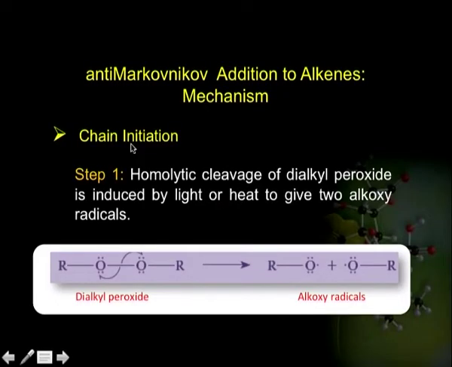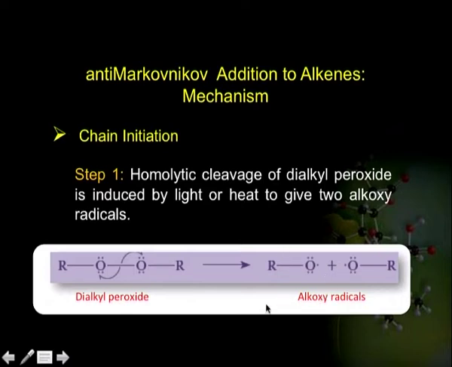The anti-Markovnikov addition actually follows a chain radical mechanism. You are familiar that the first process in this particular mechanism is chain initiation, under which we have the first step where homolytic cleavage of dialkyl peroxide is induced by light or heat to give 2 alkoxy radicals.